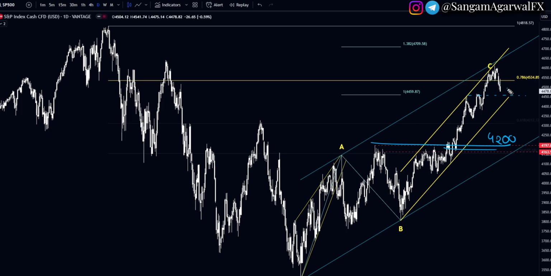Before that, 4450 can be your nearest first support, but it is small, not big support. So the magic of the 5.50% interest rate is happening, and now it is coming down, and before 4200, 4312 can be your next big support level.